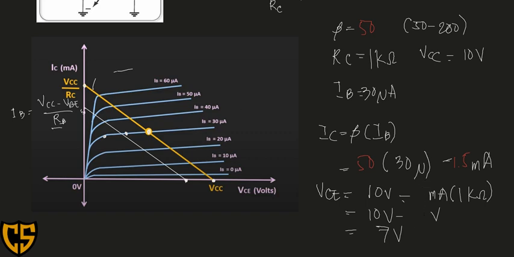So this is equals to 10 volts minus 1.5 milliampere times 1 kilo ohm. Then 10 volts minus 1.5 volts. So aton final answer will be equal to 8.5 volts. So 8.5 volts ang aton nga answer.